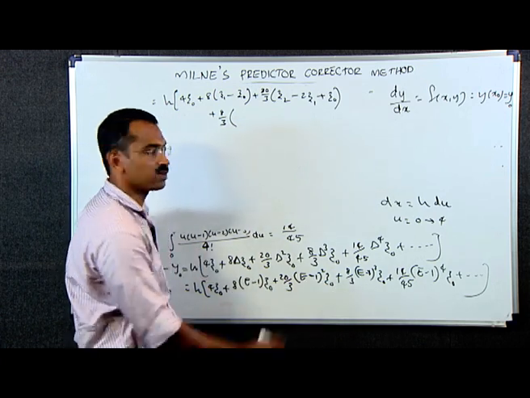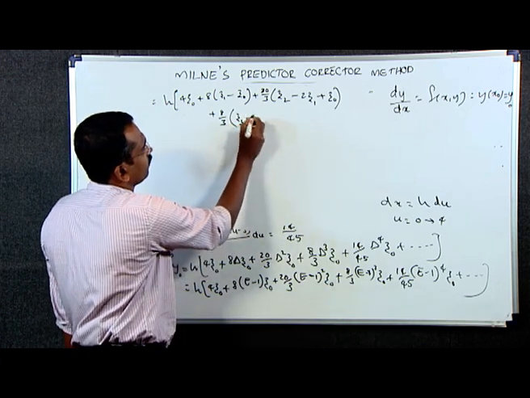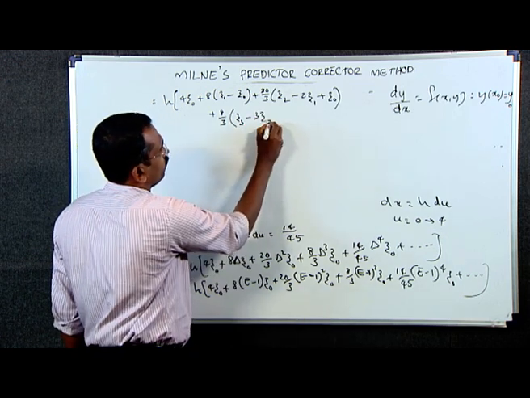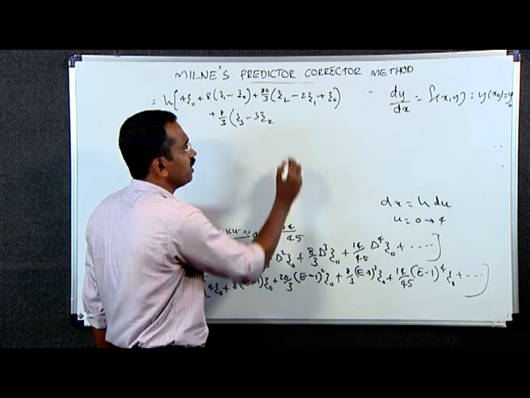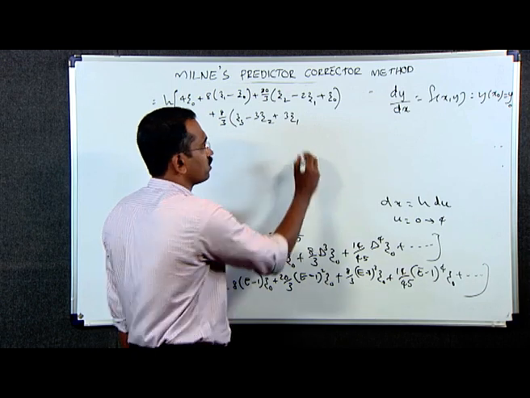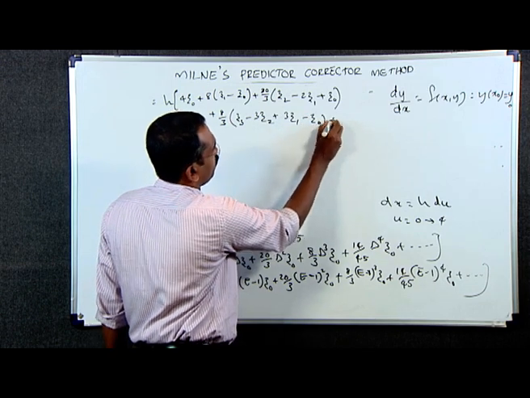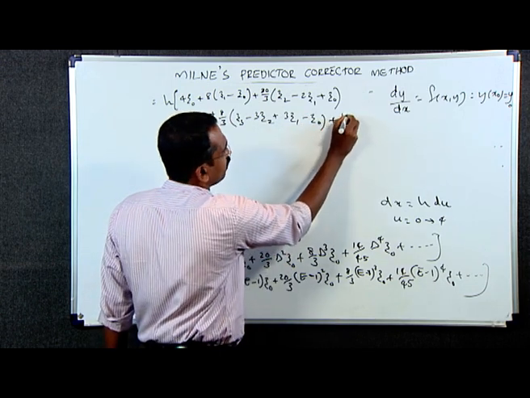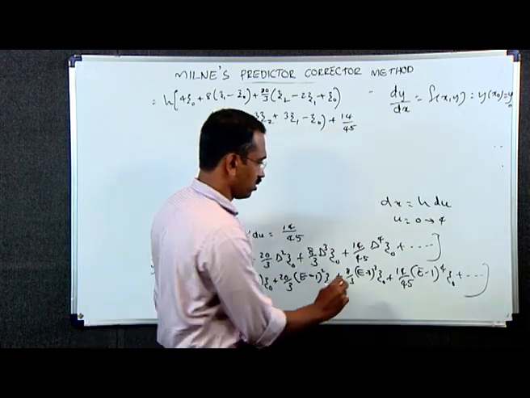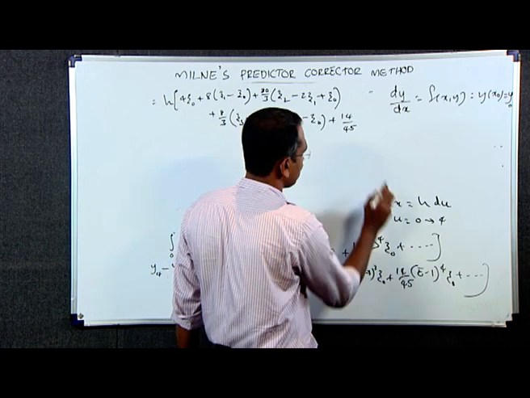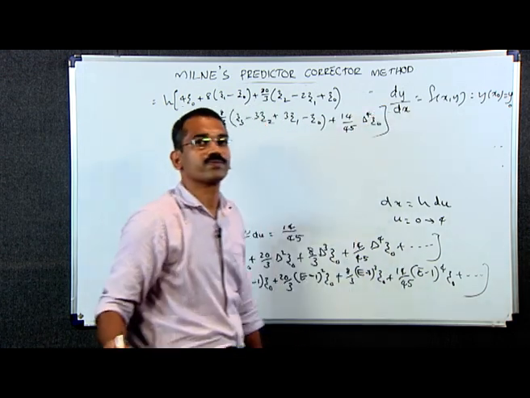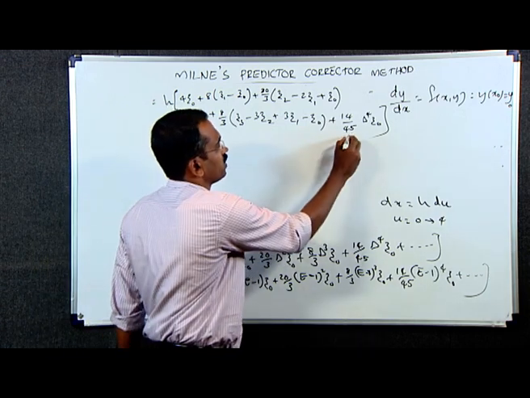E cube z0 means z3 minus 3 times z2 plus 3 z1 minus z0, plus 14 divided by 45 into, here we use delta raised to 4 z0, and so on, plus etc.